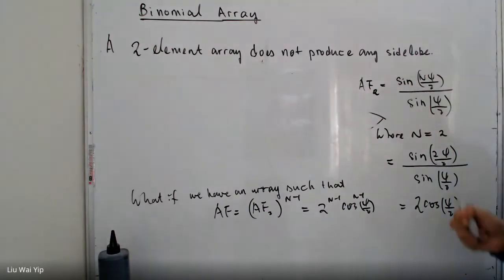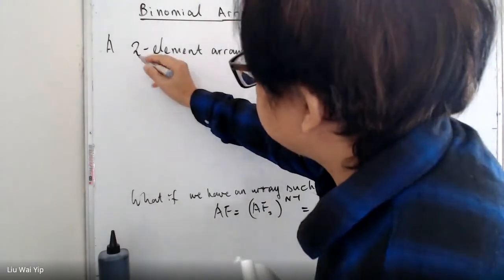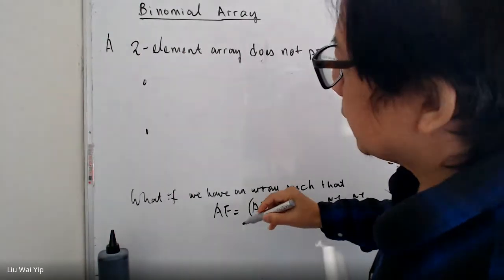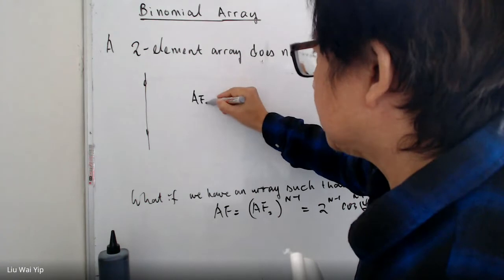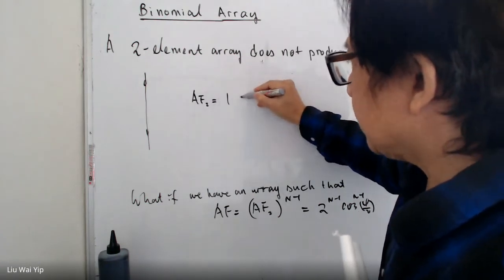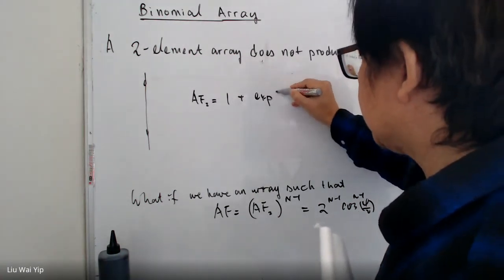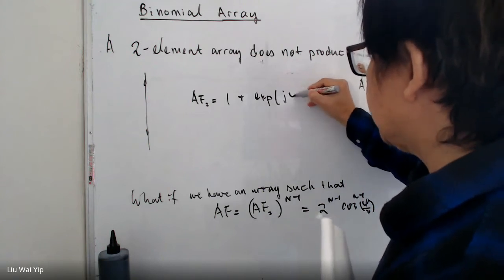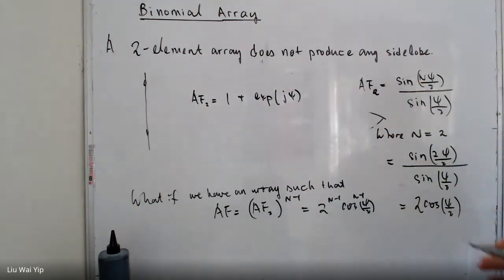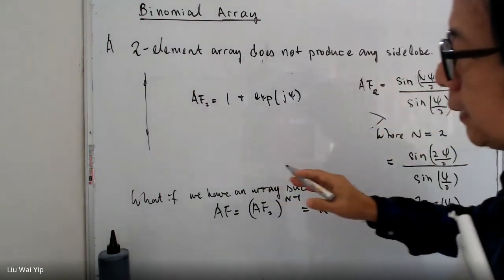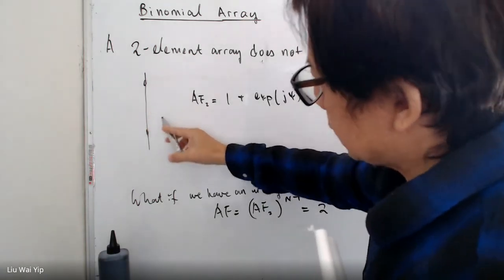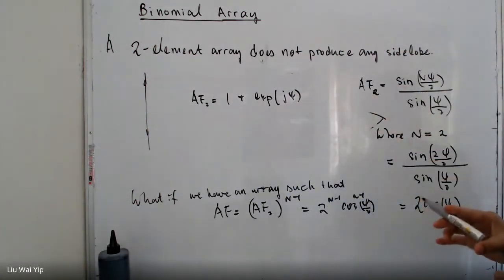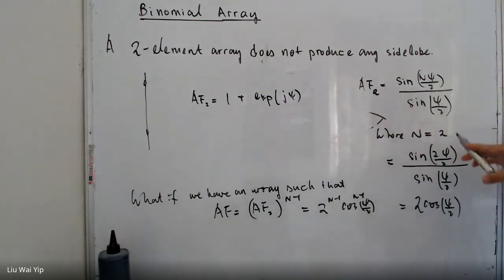We have a two elements array, say these two elements. We have an array function being equal to 1 plus e to the j psi. So this is the array function for a two elements array. And if the excitation coefficients are the same for these elements, then this is the array factor. And this one is also the same as this one here.